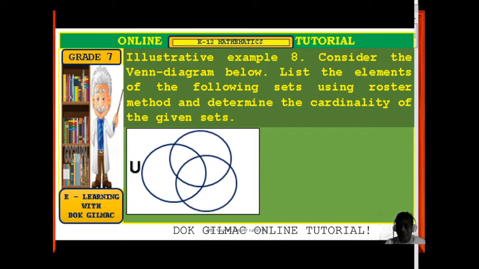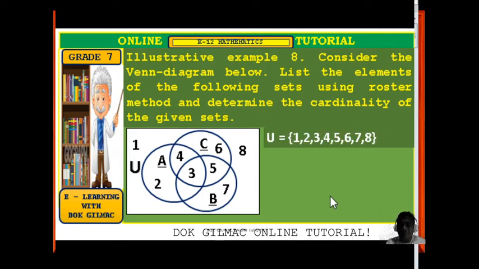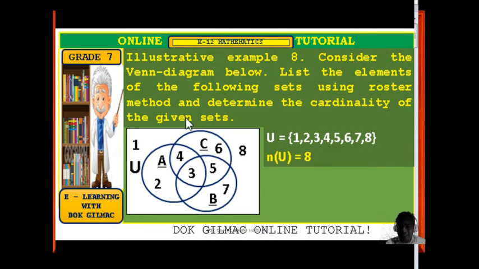This time, we have 3 sets here: set A, set B, and set C. So we have here the given Venn diagram. As you can see, all of these elements in A, B, and C belong to the universal set. So 1 to 8 are the elements of the universal set. Therefore, there are 8 elements. So n of U is equal to 8. So take note of that.